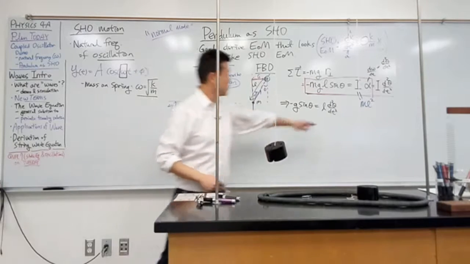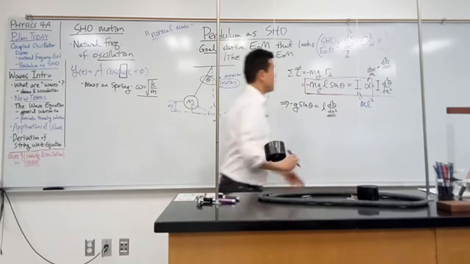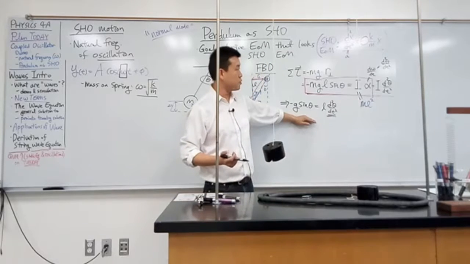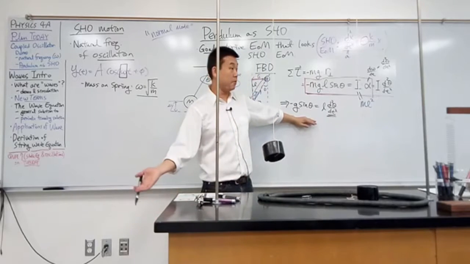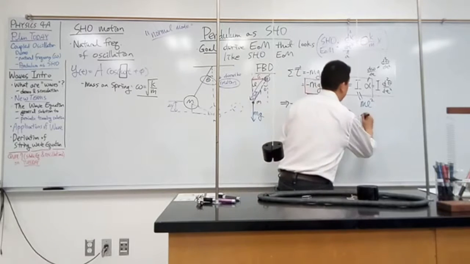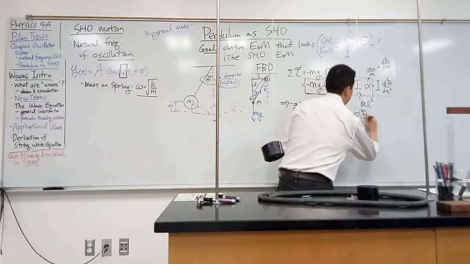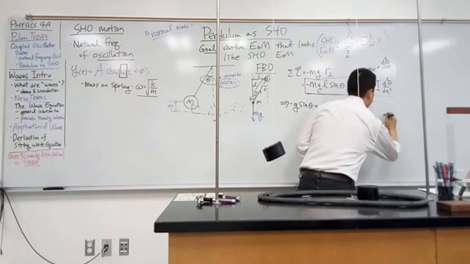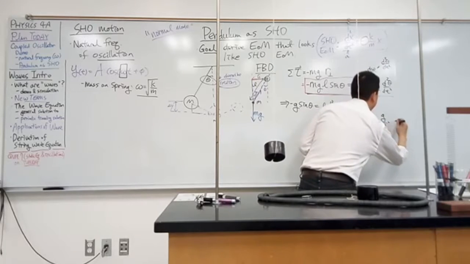All right, let me solve this for the second time derivative because that's what we've been doing before. Then we'll be able to see, does this equation of motion look anything like the simple harmonic oscillator equation of motion? So solving this for the second time derivative, we get that's equal to minus g over L times sine theta.